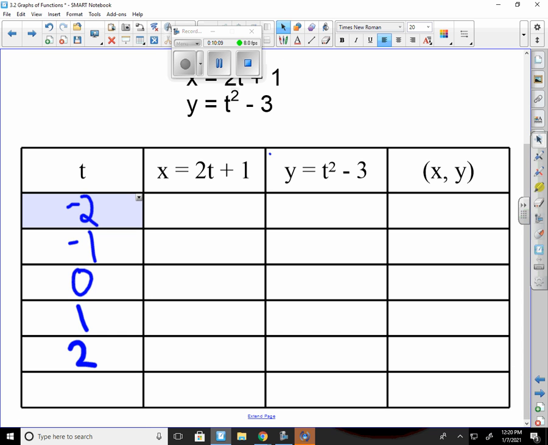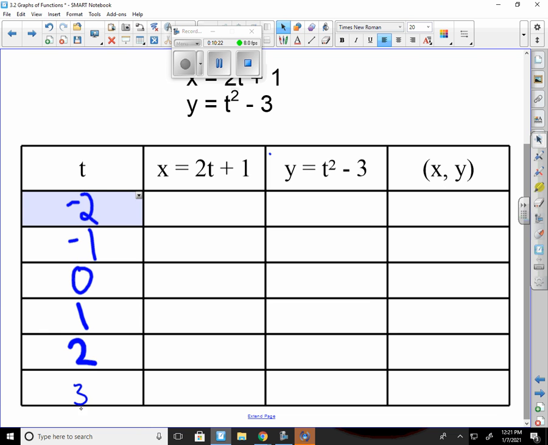Because we don't necessarily know that we're looking at time here. We just know we're looking at a third variable. Okay, so all I have to do now is plug these values in.